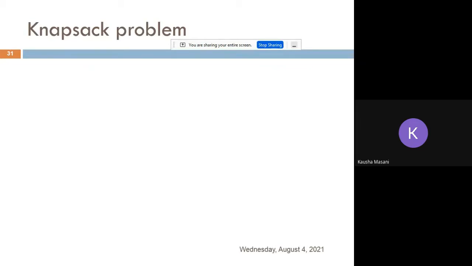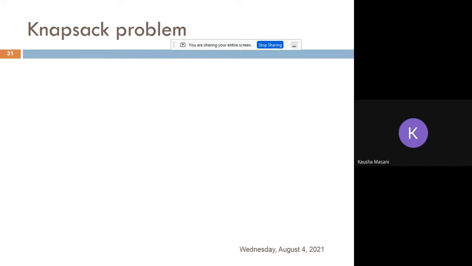Now see, there are different versions of this knapsack problem based on the approach. Right now we are discussing it in the dynamic programming approach. That's why it is known as 0-1 knapsack. If we are going by the greedy approach, it is known as the fractional knapsack problem.